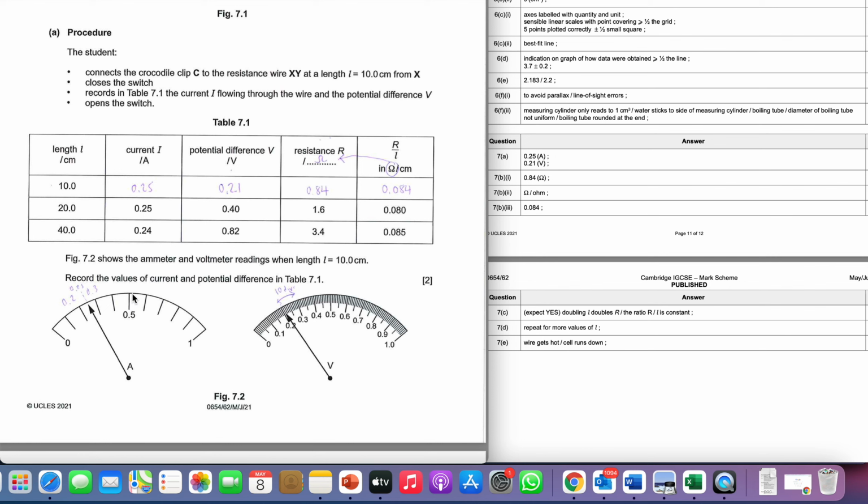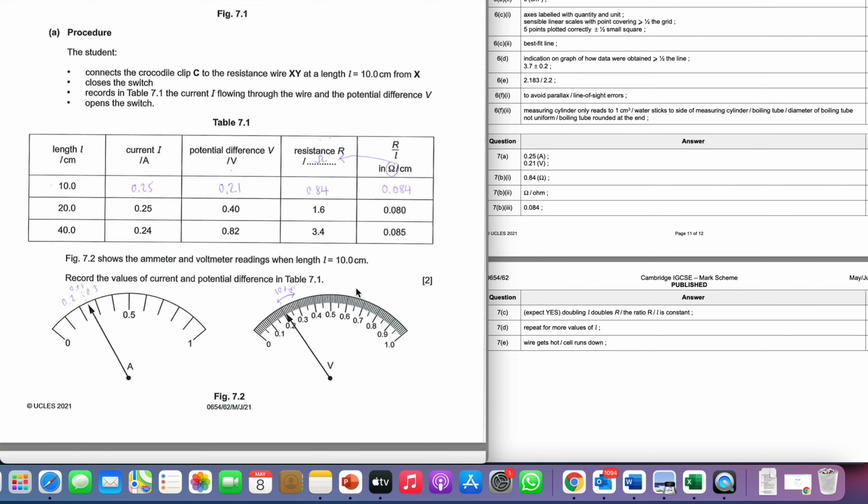Each of these divisions is 0.1, so my value is going to be somewhere between 0.2 and 0.3. When I was growing up, we were told not to do this, but it's very much the thing now. You can assume that this pointer is right in the middle, and so we can read the value as halfway between 0.2 and 0.3, therefore 0.25.